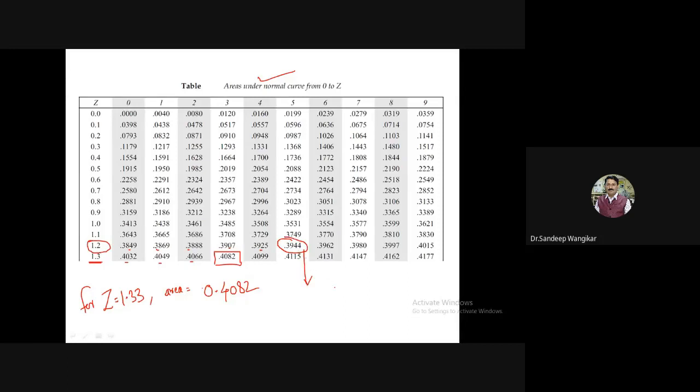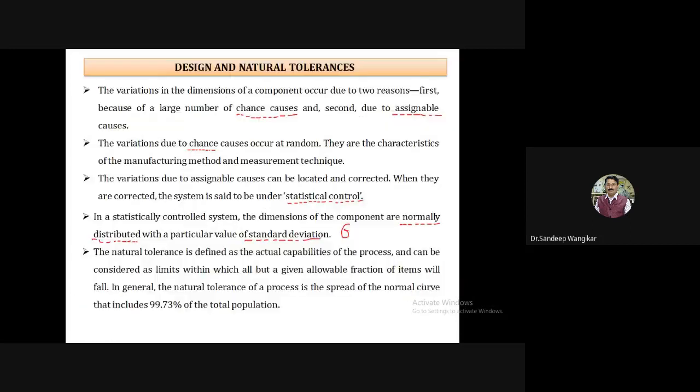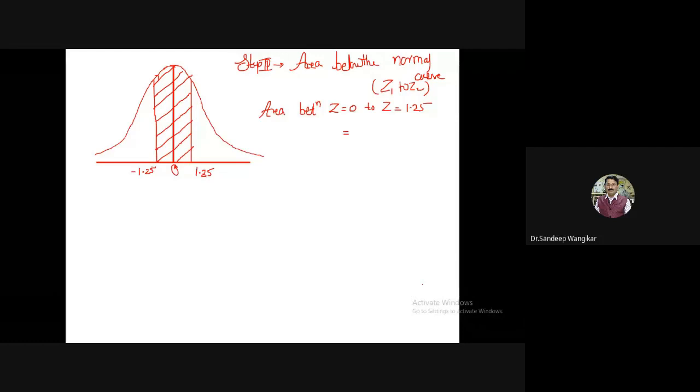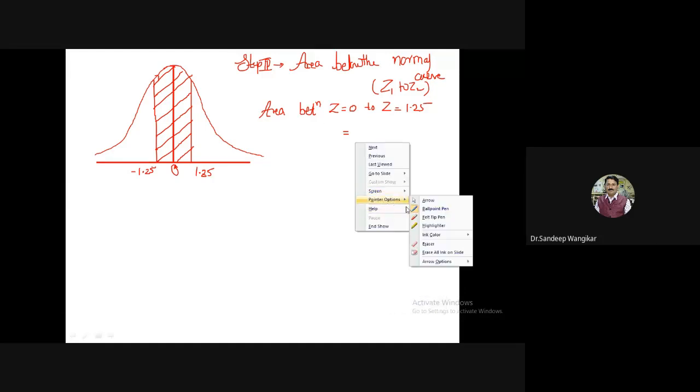I will write 0.3944 for Z is equal to 1.25. See, I have highlighted. Let us take the value and complete the numerical. So the area we have calculated, I will write in words again, no problem.